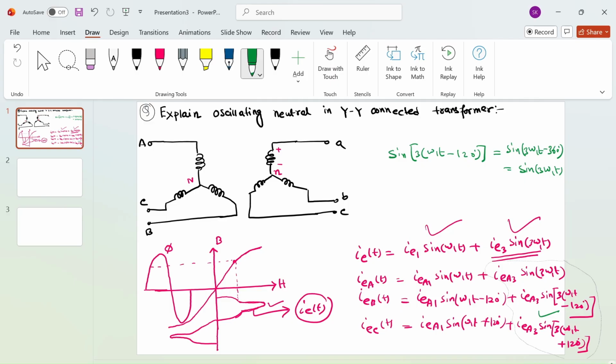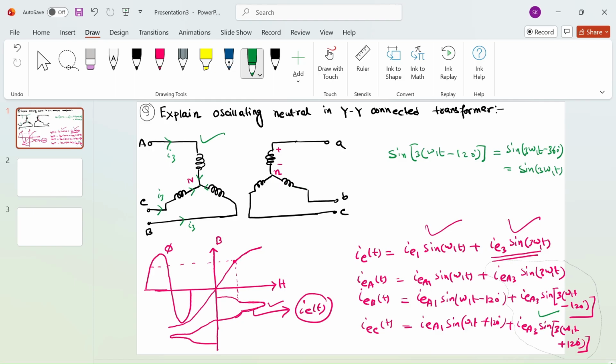Now tell me one thing. If all are in the same phase, then let's say the neutral of the primary side of this star connection is not grounded. So if third harmonic current is coming from all the three phases, at the neutral point there is no other path for the third harmonic component to flow, because all are in the same phase.